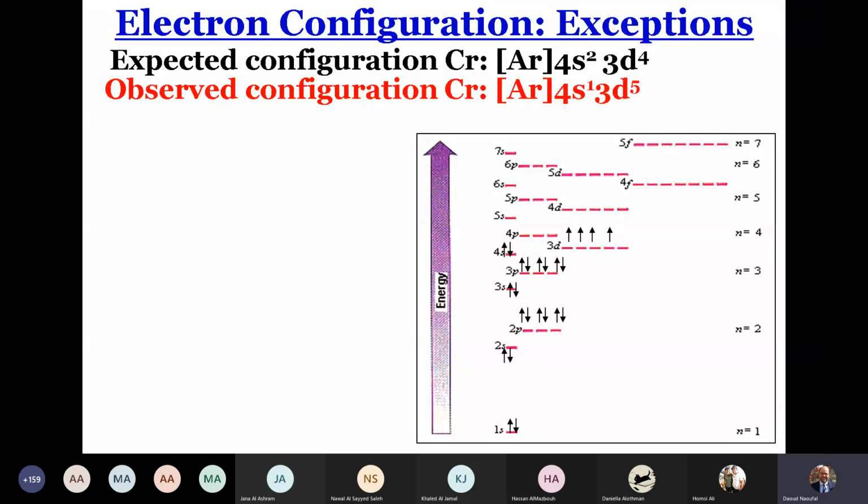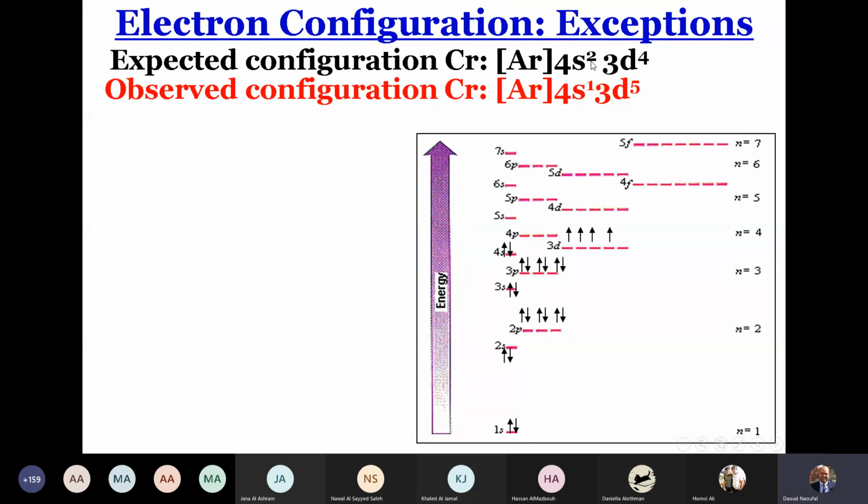So for the d orbital, the most stable state is to have d10. If we cannot have d10, the second most stable state is to have d5. Look at 3d4. 3d4 is not completely filled nor half filled.